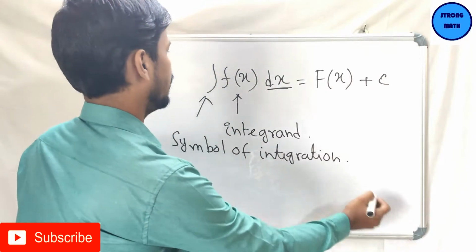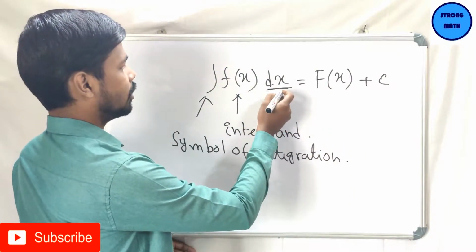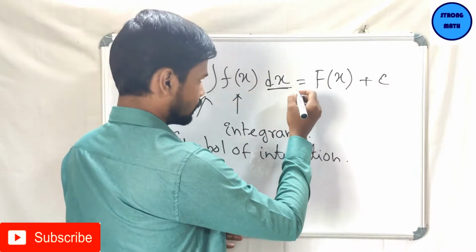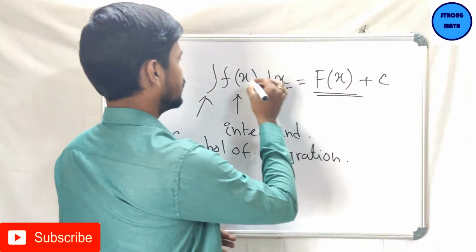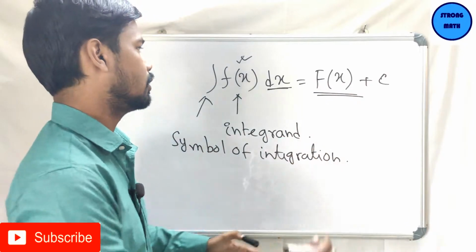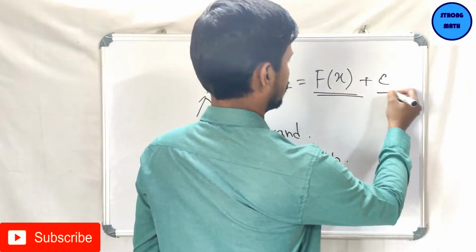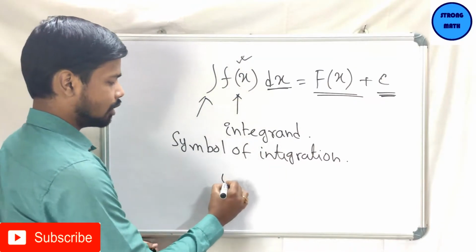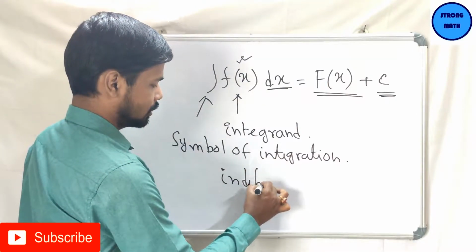So we must write a differential of the given variable. Then if we get another function after integrating this function, we must write a constant which is known as integrating constant in the case of indefinite integral.